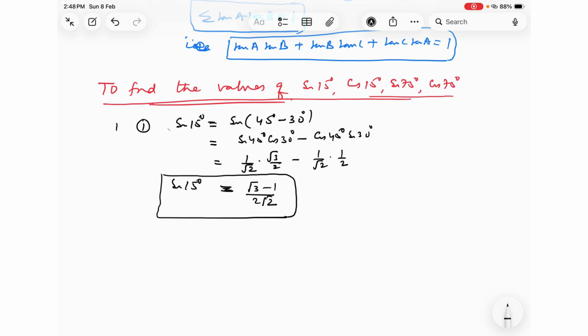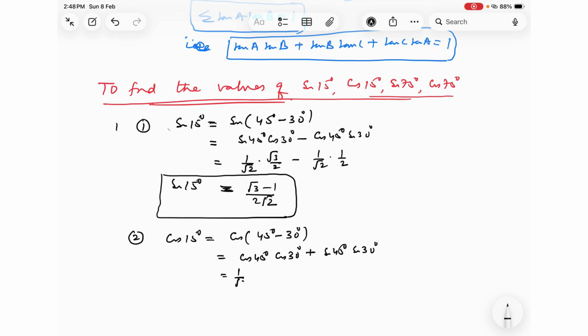Similarly, cos 15 degrees, again we can write it as cos of 45 degrees minus 30. This is cos 45 cos 30 plus sine 45 sine 30.